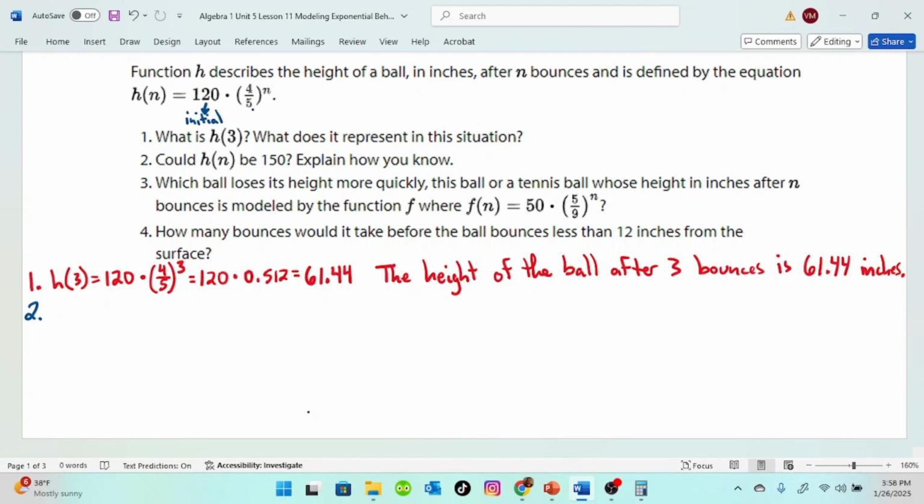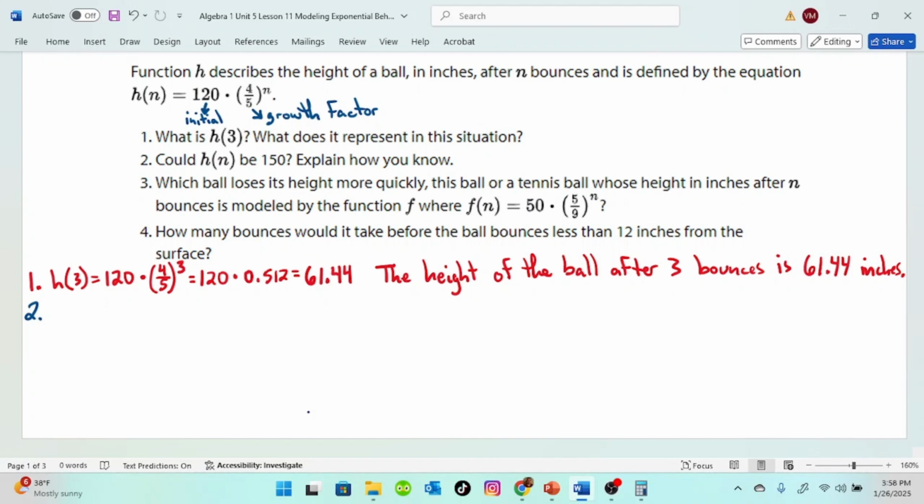I know that 4 over 5 is my growth factor. And I know that I'm multiplying by a growth factor of less than 1. So if I'm multiplying by less than 1 each time, my number can only get smaller.